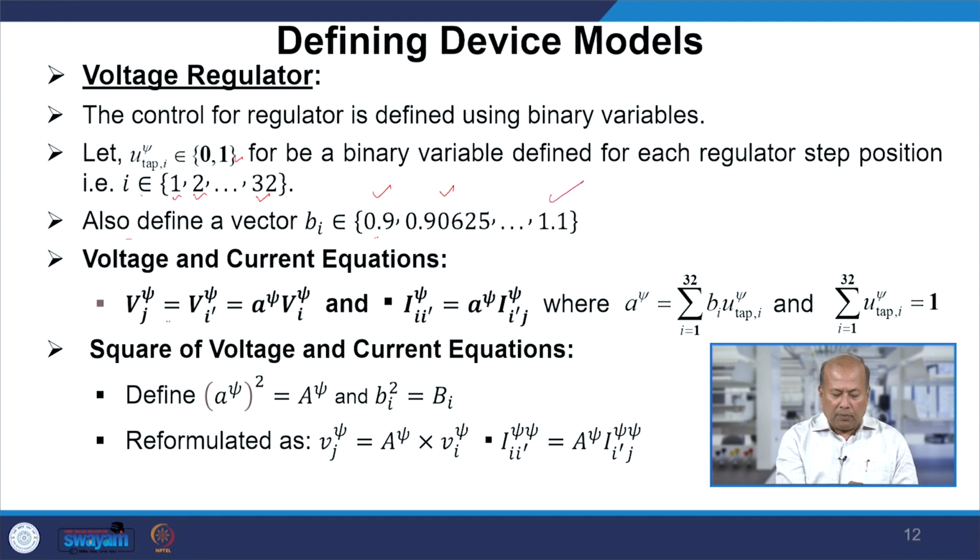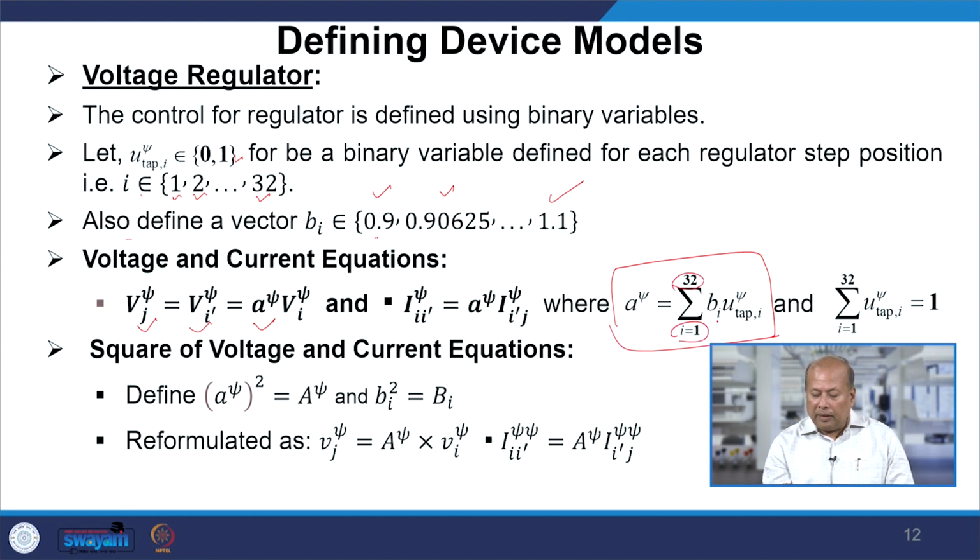Now, the voltage and current equations, which are Vj = A Vi, as well as Ii' = A times Ij', where A is defined as step number 1 to 32, B times Ui tap, whereas the summation of Ui tap, i equal to 1 to 32, is equal to 1.